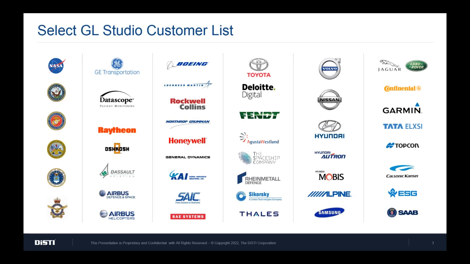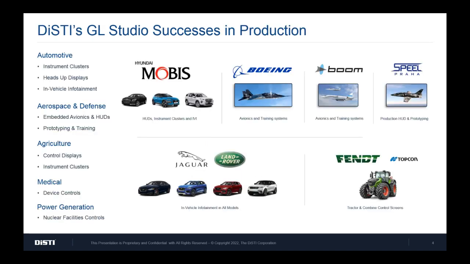And to give you an idea of just how widely we are used, here are just a select few of our customers in industries ranging everywhere from aerospace and defense, automotive, outer space, medical, trains, agriculture, and much, much more. GLStudio is widely used in production of both embedded and safety critical embedded applications.